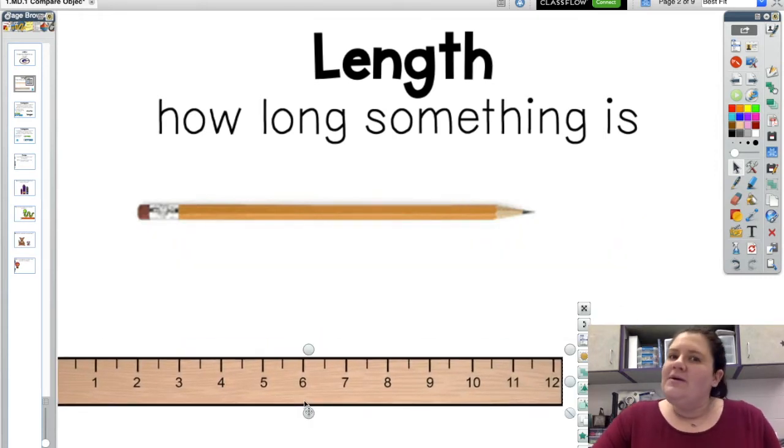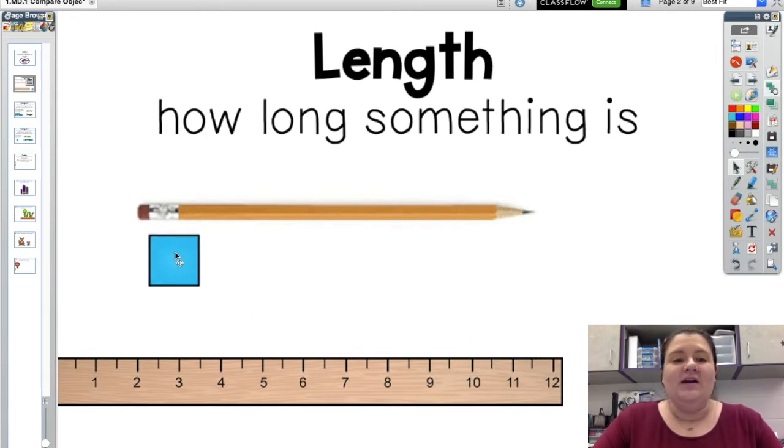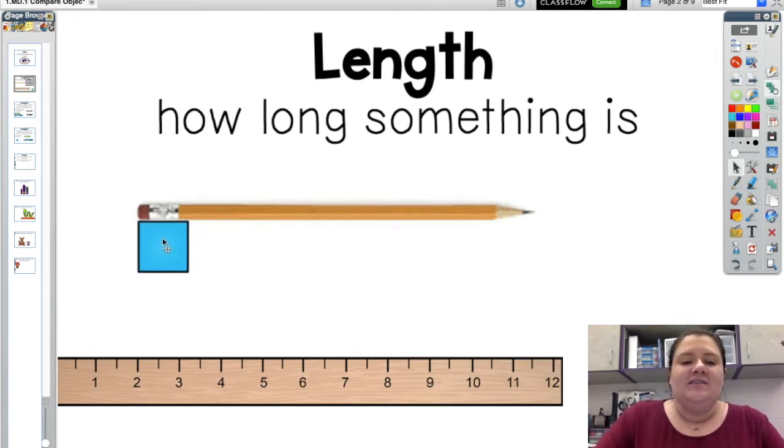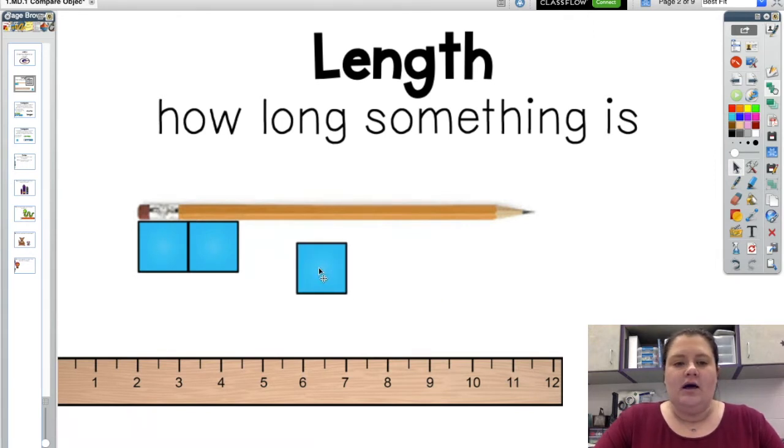Well, if you remember back in first grade and even kindergarten, you didn't really use a ruler to find the length of something. You used different objects such as cubes or squares. So right here I have some squares, and I can also find out the length of this pencil by lining these little squares up against it. So what I'm doing is I'm dragging a square up and over, and I'm lining them up.